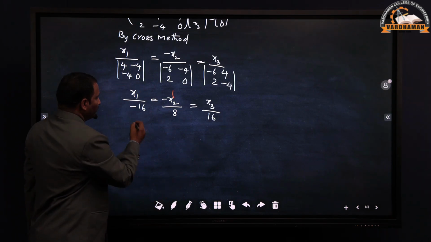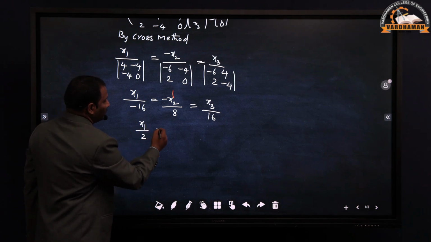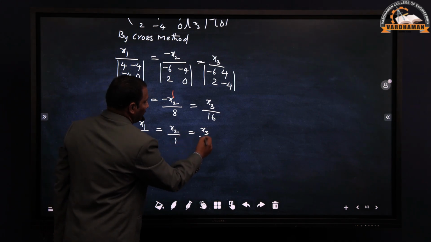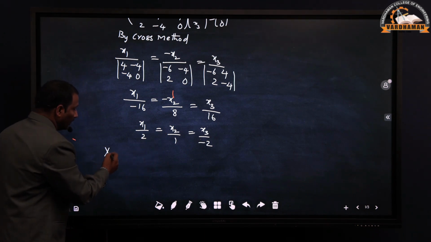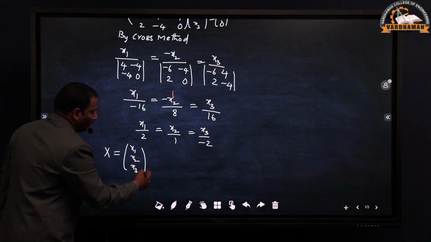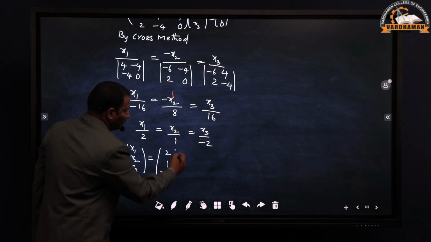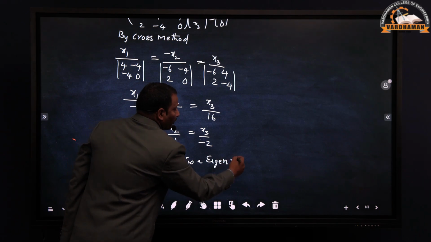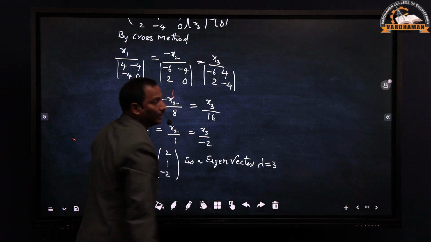Take out the common factor minus 8, so we get x1 by 2, x2 by 1 and x3 by minus 2. So the eigenvector is x equals x1, x2, x3 equals 2, 1, minus 2 for the eigenvalue 3.